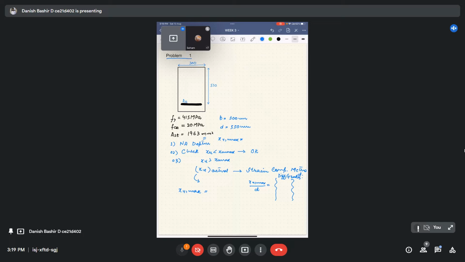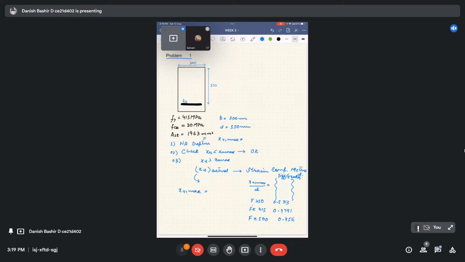For example, if we have Fe 250 grade steel, our XU max by d ratio would be 0.5313. For Fe 415, it would be 0.4791. If it is Fe 500, it will be 0.456.